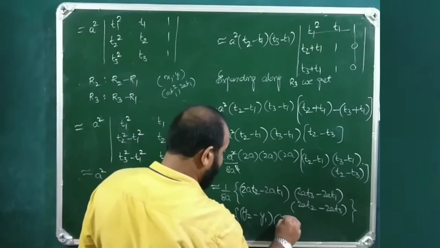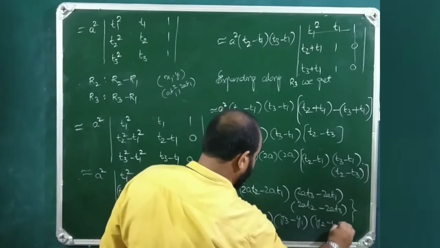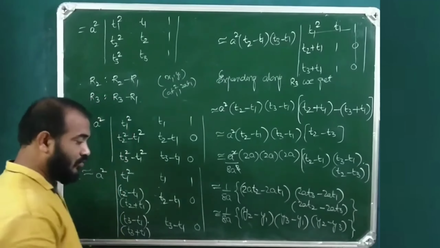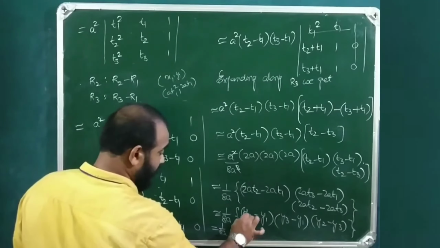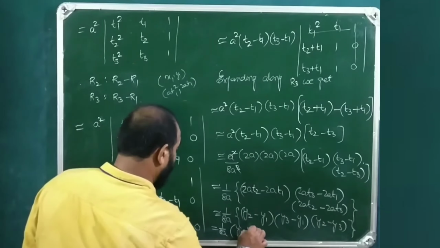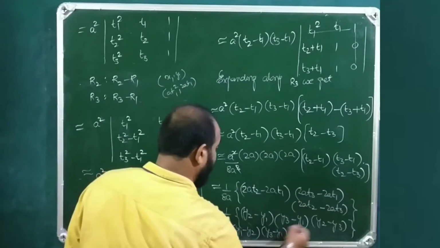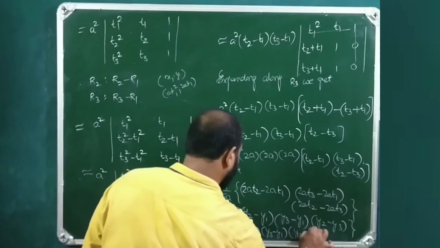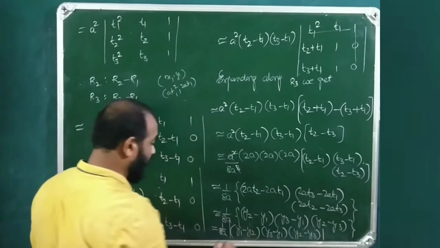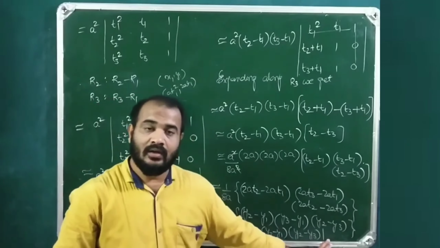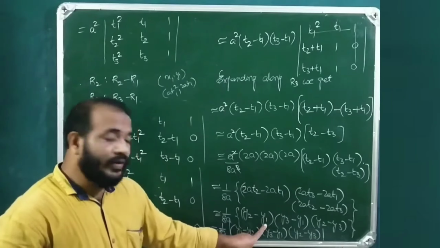This is y3 minus y1. This is y2 minus y3. Therefore area is positive always. This can be written as 1 by 8A into y1 minus y2 into y3 minus y1 into y2 minus y3, which is what we are supposed to prove in modulus, because area is always positive. Therefore y2 minus y1 can be written as y1 minus y2 also.